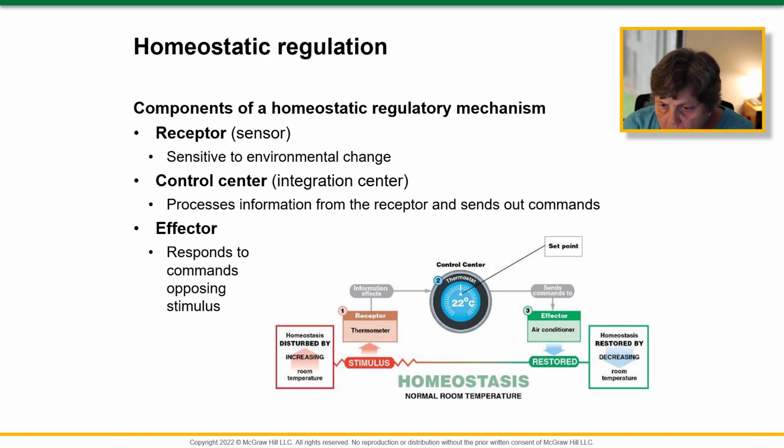The brain goes through that information, decides, yeah, I don't need to react to this change. Yes, I do need to react to this change. So it depends on the information that is going to the brain what's going to happen. And if a change needs to be affected, it sends out the command to the effectors that change that particular homeostatic mechanism. So there's going to be some response.